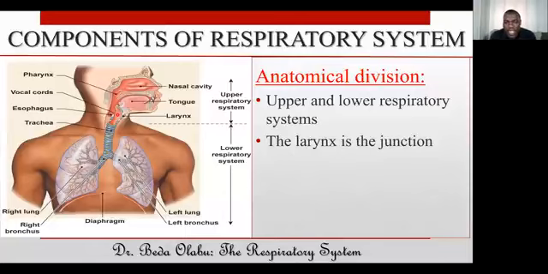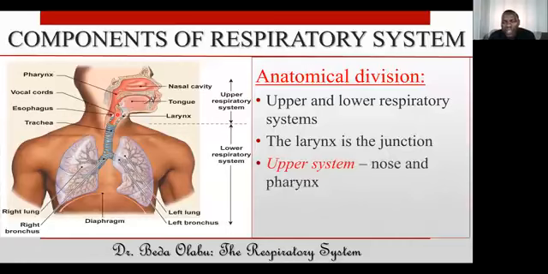So it means that anything above the level of the larynx falls under the upper respiratory system. Therefore, when you talk of upper respiratory system, we're referring to the nasal cavity as well as the pharynx. So these two are components of the upper respiratory system.